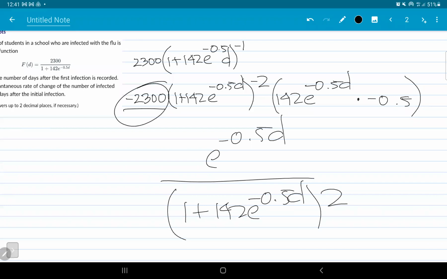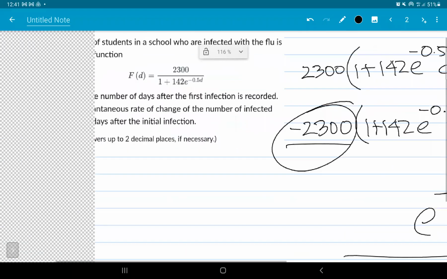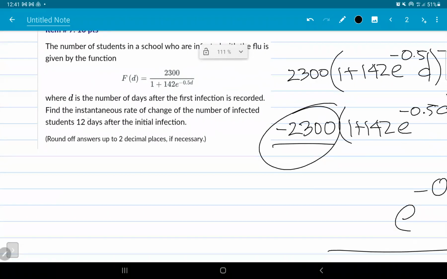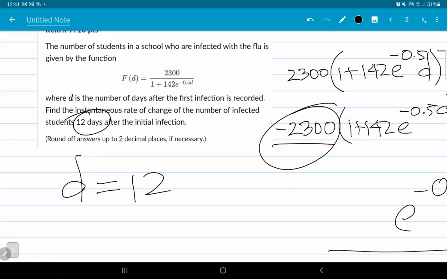The product of those. And then you have to plug in 12 to get the answer for the number or the rate of change of the number of infection at the end of 12 days.